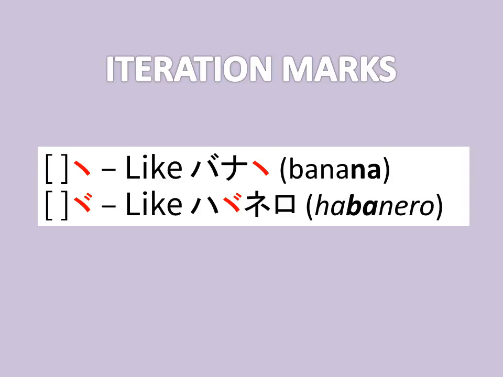The second one we have habanero. So ha has to be repeated but with a dakten. Now ha with a dakten is ba. So habanero. Habanero is actually jalapeno, what we would say.